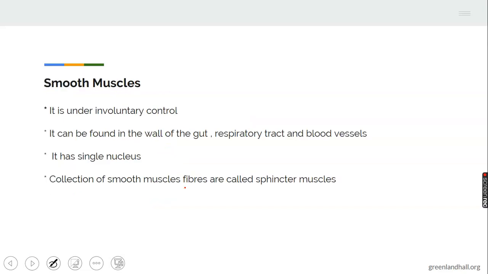Smooth muscles. Smooth muscles can be found under involuntary control. Involuntary, that is, not willing. It can be found in the wall of the gut, the respiratory tract, and blood vessels.